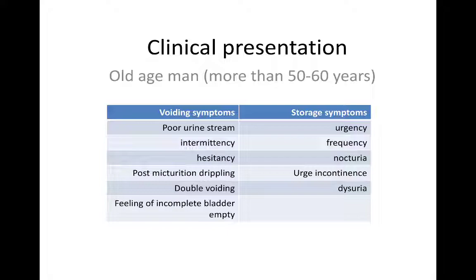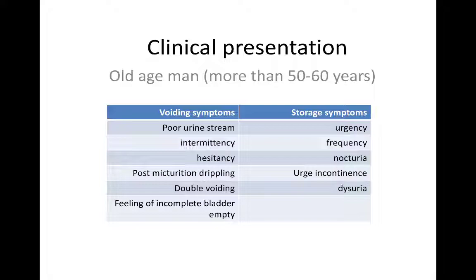The patient gets up from his bed and goes to urinate many times, and we calculate how many times he gets out of bed to urinate after going to sleep.